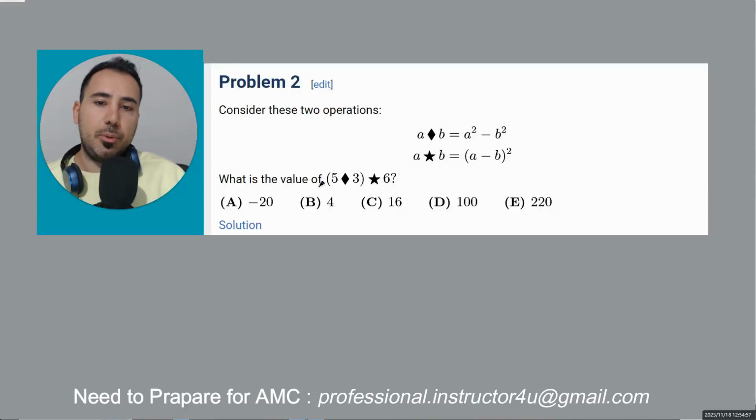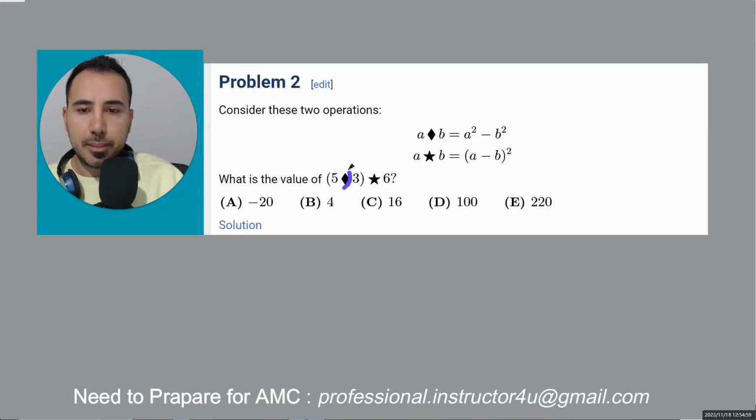Okay, problem 2. These shapes like the diamond and the star could be confusing us, so let's read it and see how we could stop that. Consider these two operations. A diamond B means square the first number, square the second number, and subtract them. So if A is 5 and B is 3, you put 5 here and 3 here.